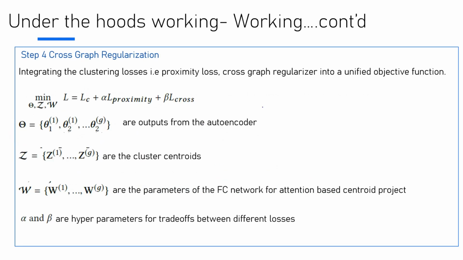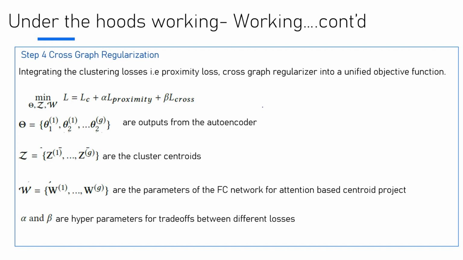Now moving on further, we need to integrate the clustering losses, the proximity losses, and the cross graph regularizer into a unified objective function, because at the end of the day, the loss function has to be applied altogether.